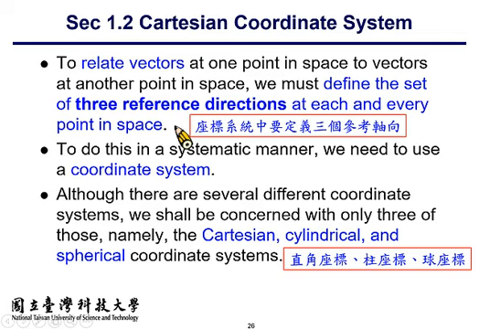As already mentioned, in 3D space, to define a coordinate system, you require three reference directions, and they are orthogonal to each other. And down below you see that the three coordinate systems that we will look into are Cartesian, cylindrical, and spherical, which are useful in different scenarios.